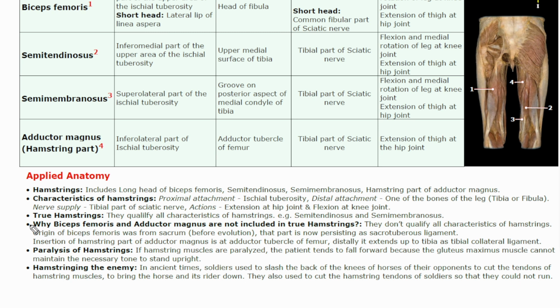Okay, so now the question arises, why are biceps femoris and adductor magnus not included in true hamstrings? Okay, so the reason is mentioned here. The origin of biceps femoris was from the sacrum before evolution. Okay, that part is now persisting as the sacrotuberous ligament. And the insertion of the hamstring part of the adductor magnus is at the adductor tubercle of the femur.